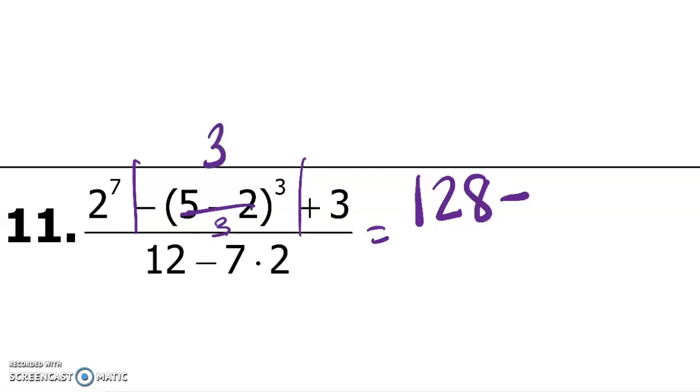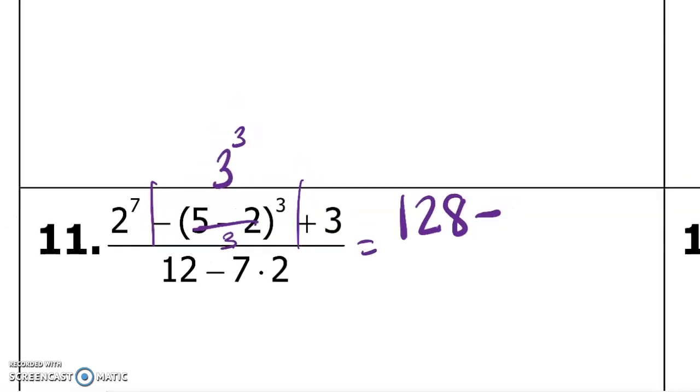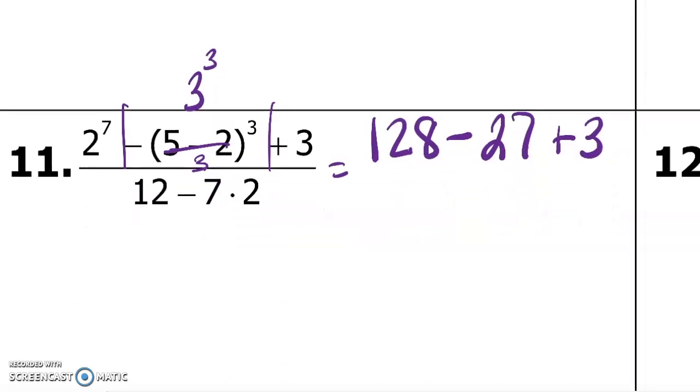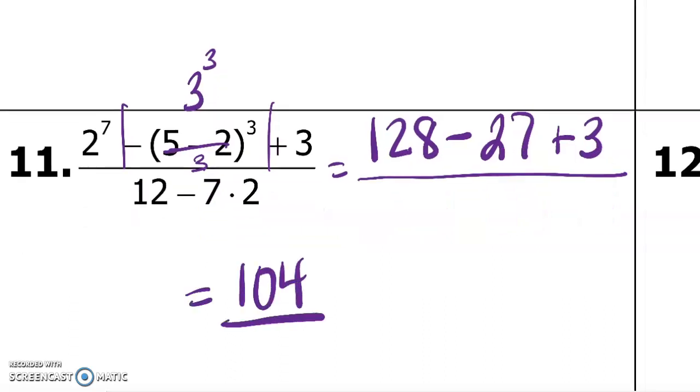So if you need to rewrite it, it's 3 to the 3rd power, which is 27. And then don't forget the plus 3. So 128 minus 27 plus 3 gives us 104. I'm going to have to write that down here. So 104 is my top number.